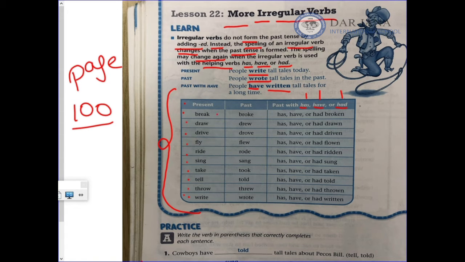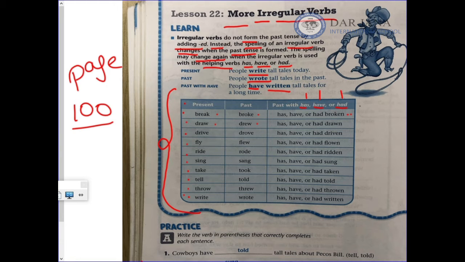So we've got break. The past of break is broke. What if we use the helping verb has, have, or had? Broken. Now we have draw. The past of draw is drew.